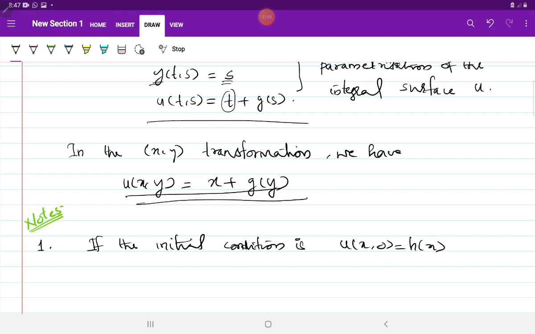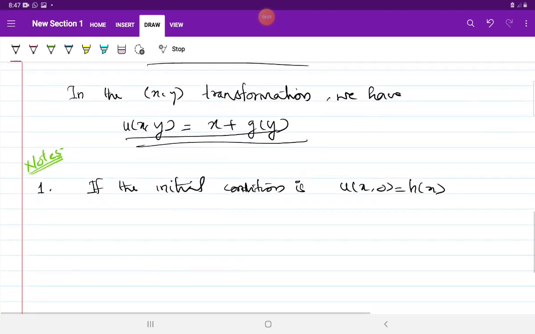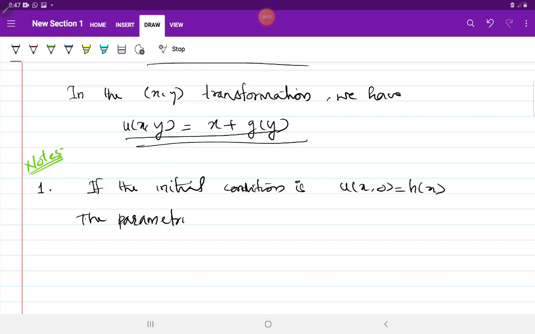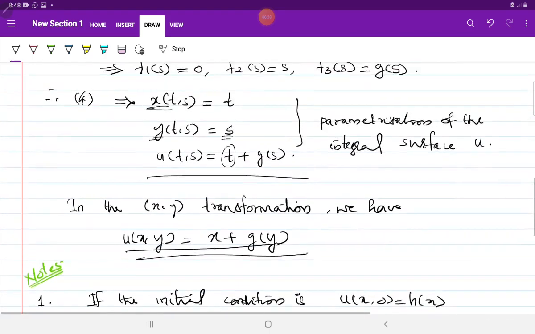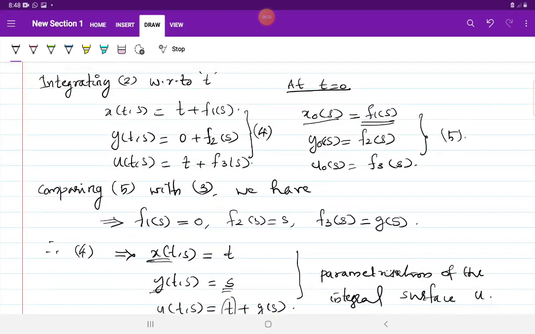Then we will see what happens to the integral surface. The parameterization is: we take the variable as s, then x_0(s) is s, y_0(s) is 0, and u_0(s) is h(s). Now, as we know, up to equation 4 it is true.